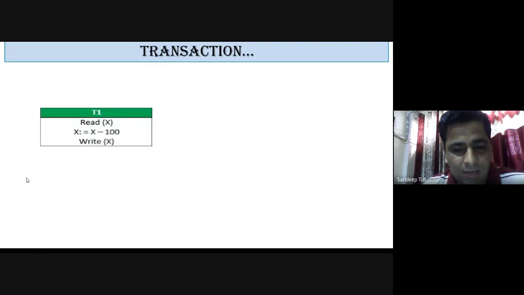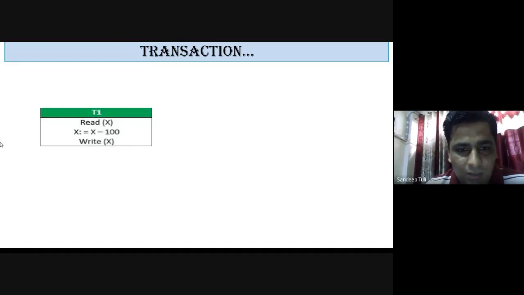T1 is transaction 1. The three statements are reading X, then subtracting something from X, and then finally writing the value of X again. So what do we mean by this? We can say that these statements are trying to change, or update, the value of X.